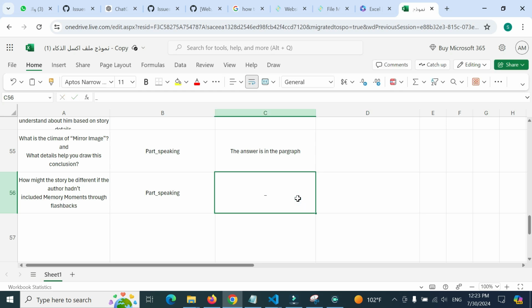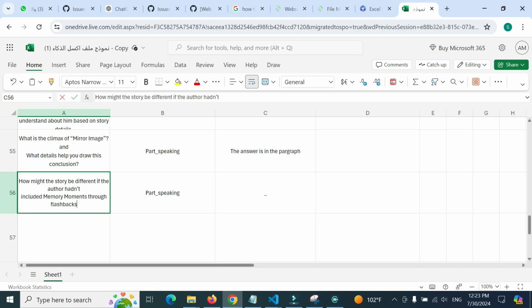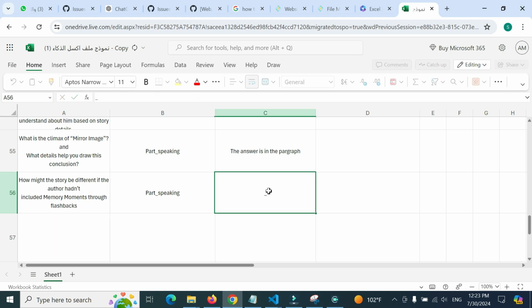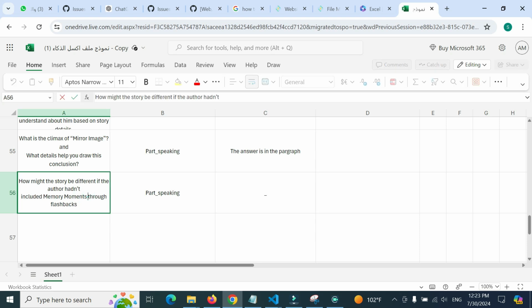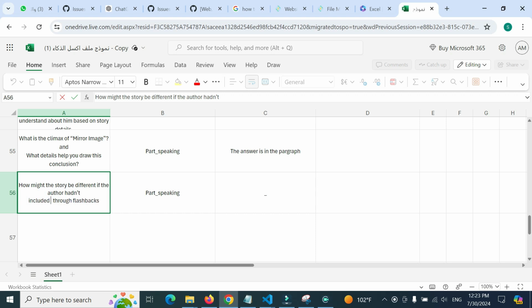I'm just going to let the AI include memory moments through flashback, but we need to explain more. If we let the AI choose, we may need to explain what those memory moments are. I believe we need to explain in some words what those memory moments are.